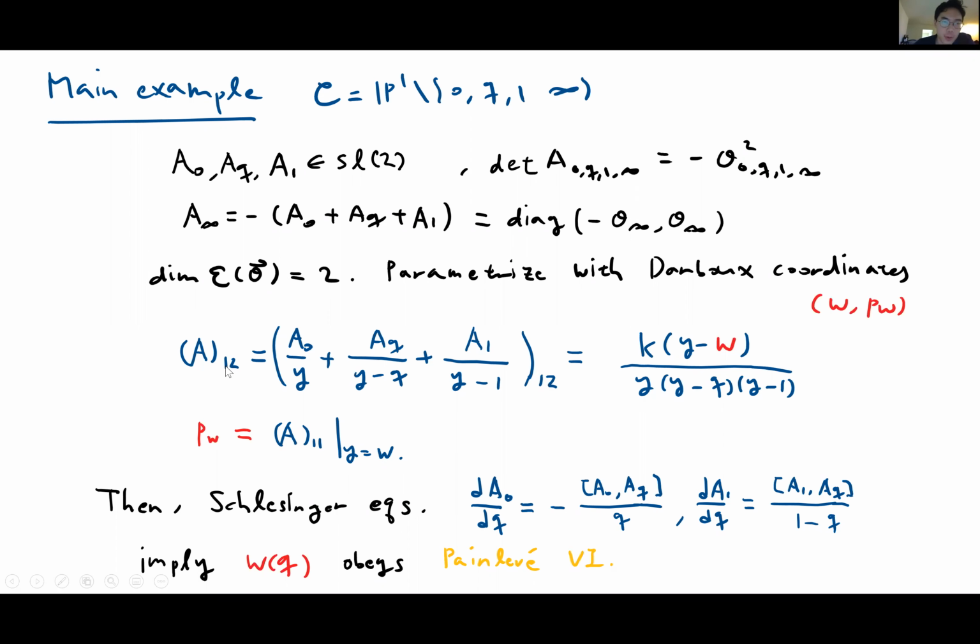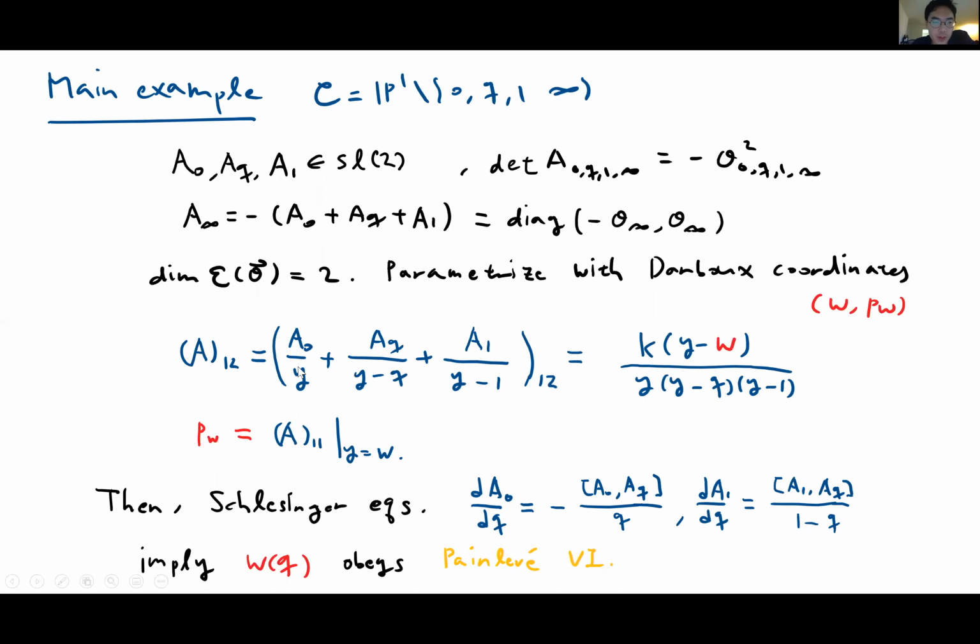The 1-2 component of A, which is the 1-2 component of this expression, has a zero, and this zero is defined to be W. And PW is the 1-1 component of this expression evaluated at W, where y is replaced by the defined W. So this is just a certain choice of coordinates. Maybe it's not very important right now, but the point is that this is a certain coordinate system to parameterize this 2-dimensional space.